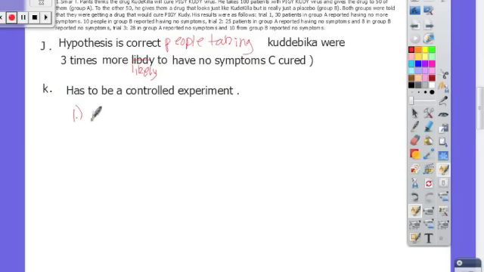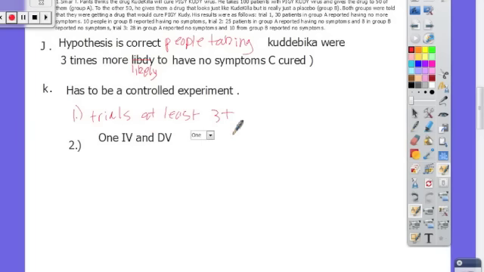One, they have to have trials, at least 3 or more. Two, it has to have 1 independent variable and 1 dependent variable.